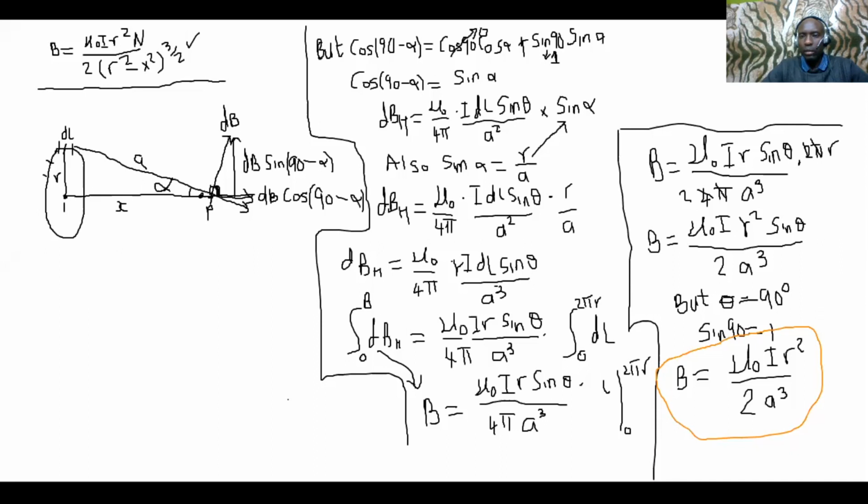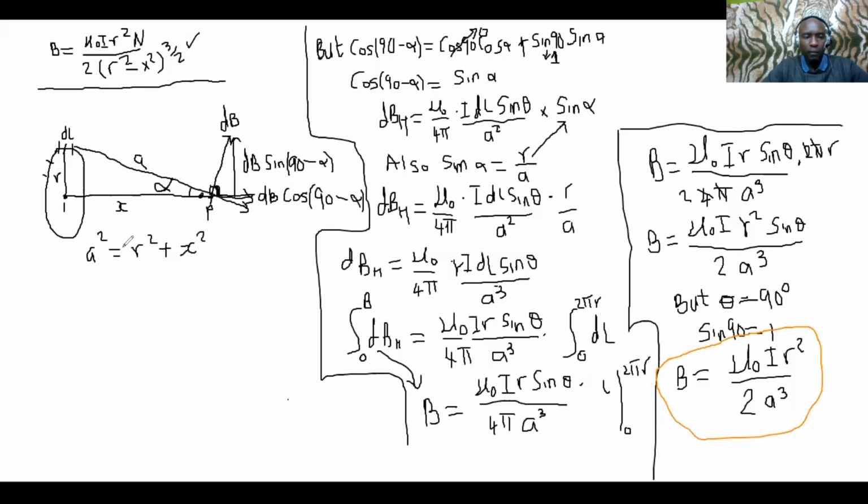From this expression, let us check A here. The hypotenuse is A, the adjacent is X, and the opposite is R. If you use Pythagoras theorem, you may write A square is equal to R square plus X square.